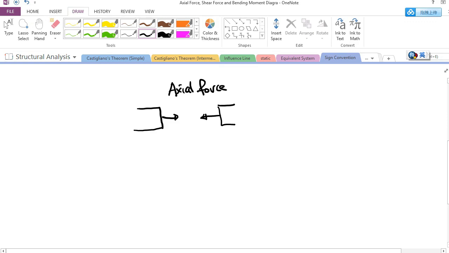So the convention that we use is like this. When both of them are pointing outward, they're under tension. The beam is under tension. So we call this positive axial force. So compression means negative.